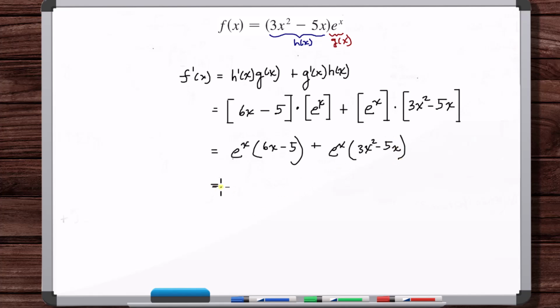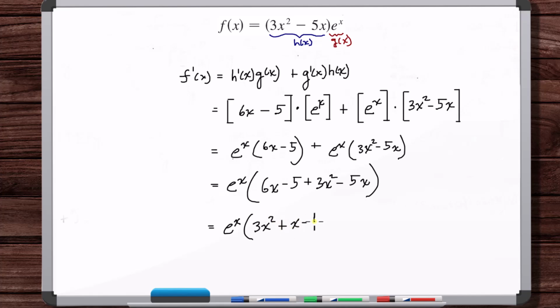Let's factor out an e to the x, and we're left with 6x minus 5 plus 3x squared minus 5x. Combining, we've got e to the x times 3x squared plus x minus 5. So there we go. That's f prime of x.